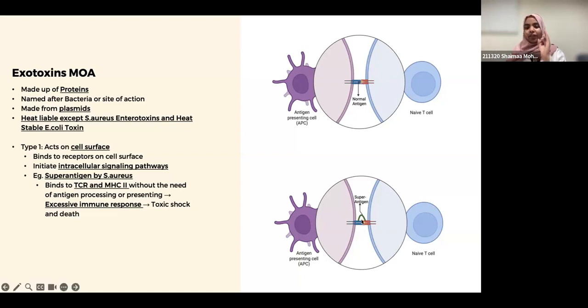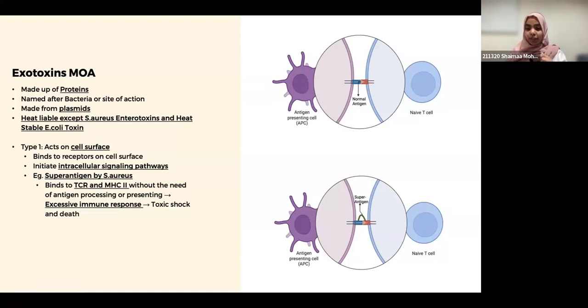However, a super antigen does not need to be engulfed by an APC and presented as an antigen. It basically binds to the MHC2 and to the T cell receptor in a region that's not the antigen variability region. It attaches outside, and it causes the T cells to divide.